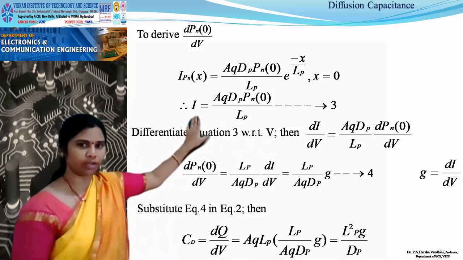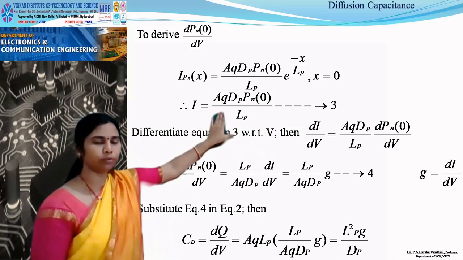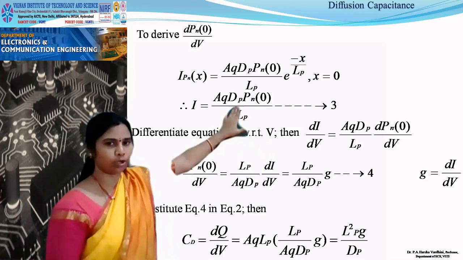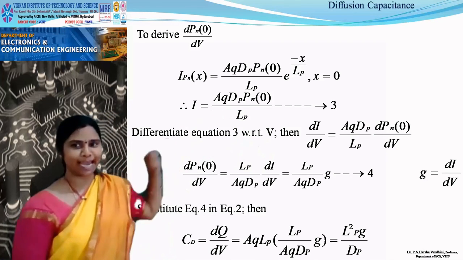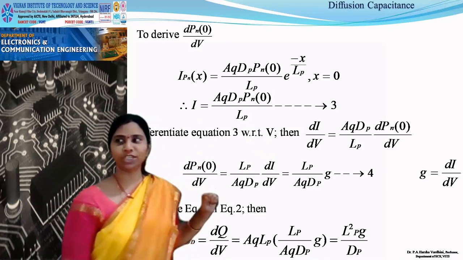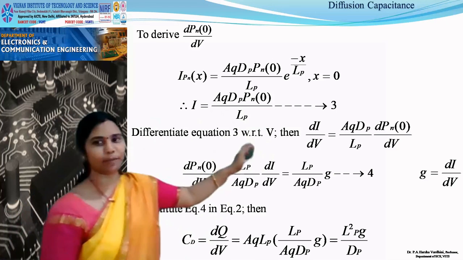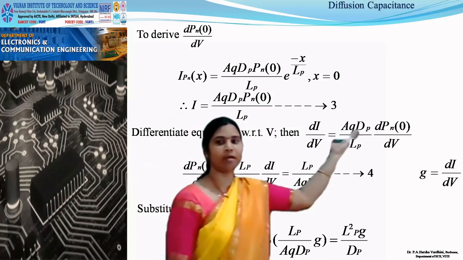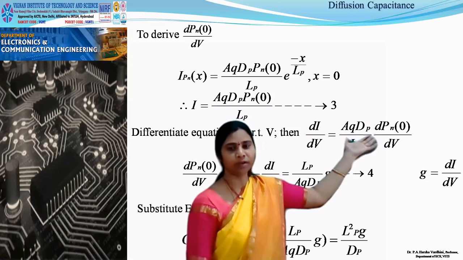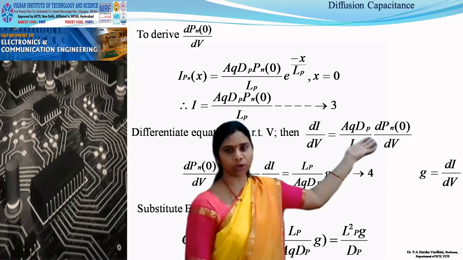This is dI by dV, which is equal to AQ DP in the numerator by LP into dPn of 0 by dV. So this is the term when you have differentiated with respect to voltage.